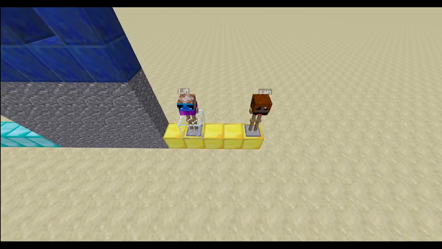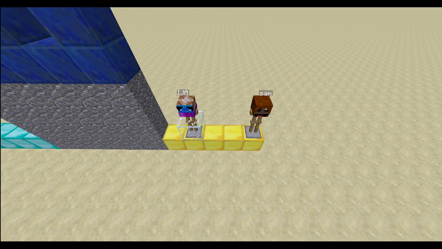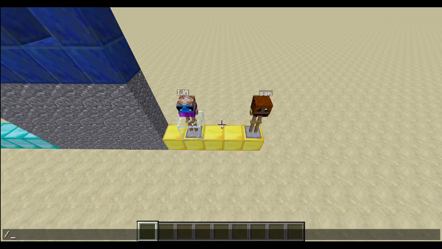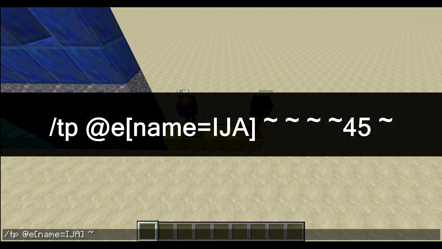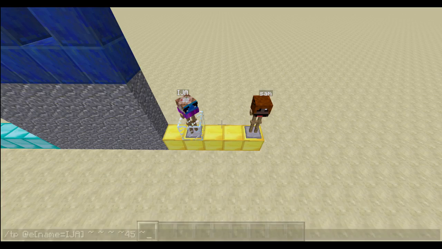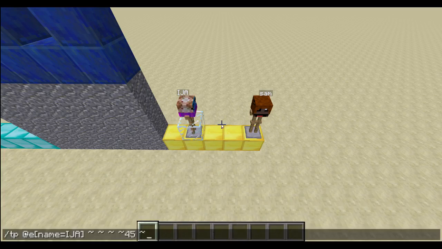Much better. Now, if I want IJA and Sam to actually have a convincing conversation, then they're going to be facing each other. So the way I'm going to do this is by using extra coordinates. /tp @e[name=IJA]. Let's put in 3 tildes, because we do not want them to move. But I'm going to put in 2 more, and on the first one, which means the horizontal rotation, I'm going to put 45, which is going to rotate IJA around in intervals of 45.